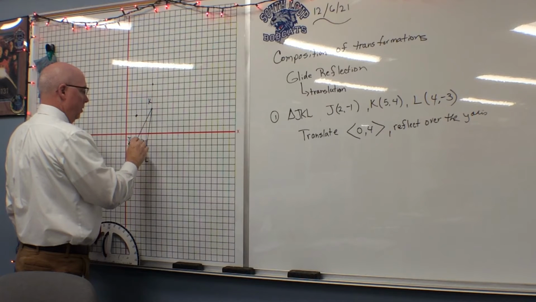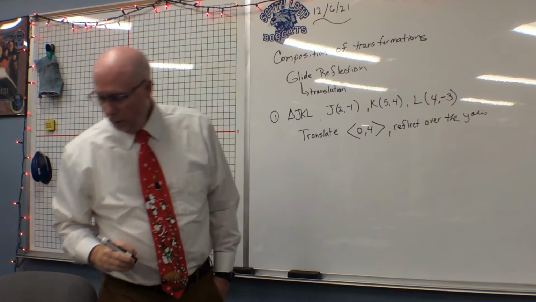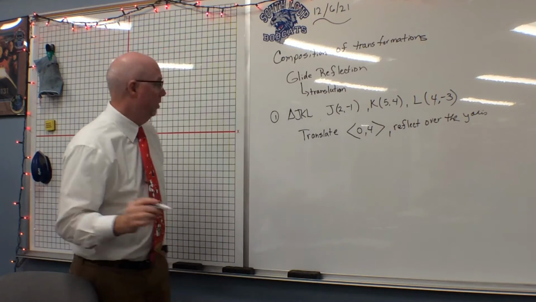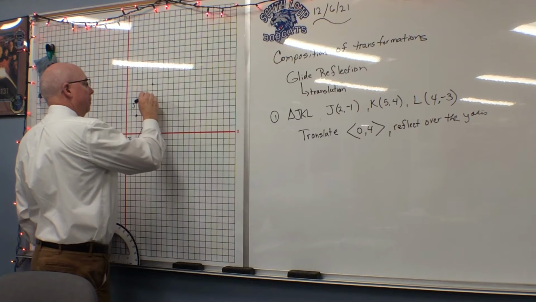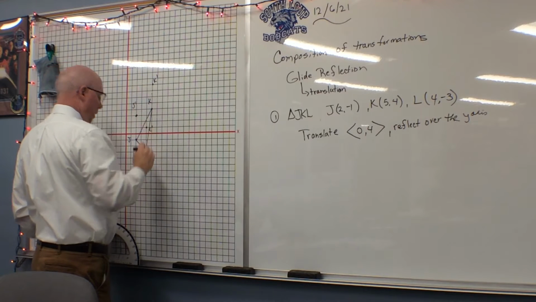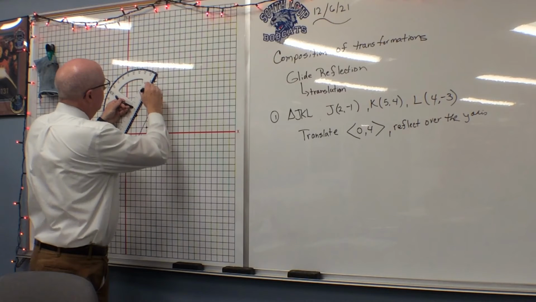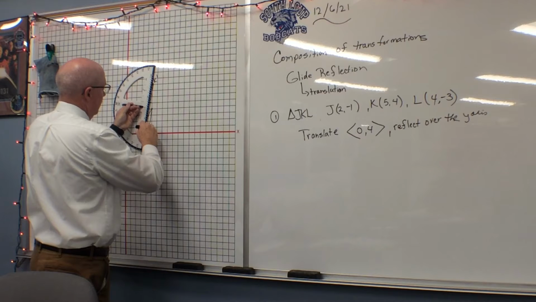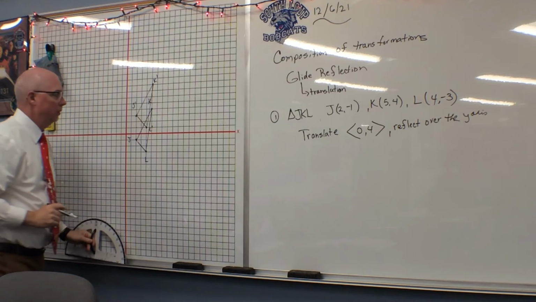And this is 1, 2, 3, 4. Okay? Now, they go ahead and write in the translation so that we have J prime, K prime, and L prime. So in other words, we have a new triangle drawn that shows just the translation. All right, questions about that?